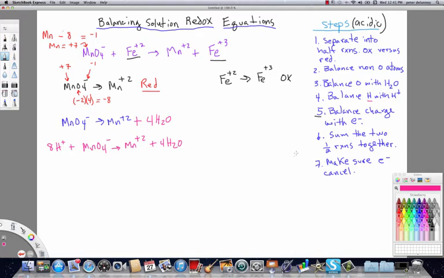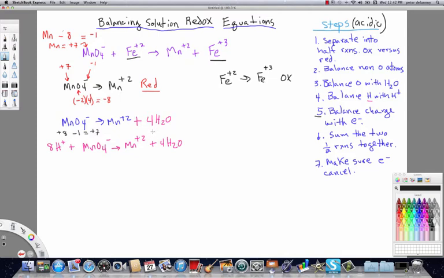Now in the last step, we balance the charge by using electrons. Remember that a single electron is worth -1. So quickly, if we sum the total charge on the left side, we see that it's 8 H pluses, that's +8, and -1 for the permanganate charge, which is +7 on the left side of my arrow.